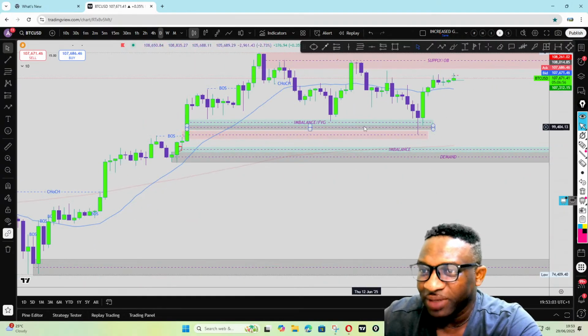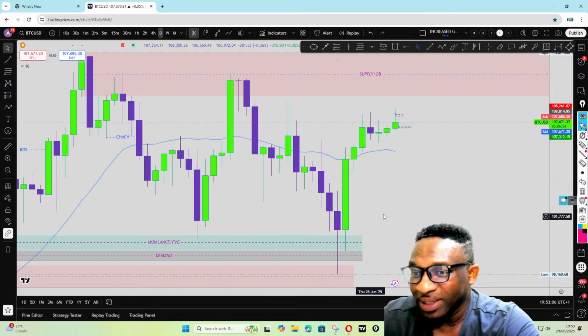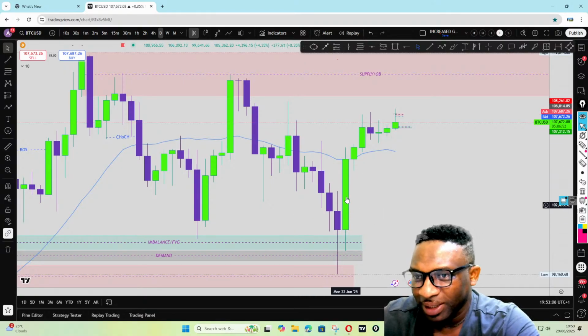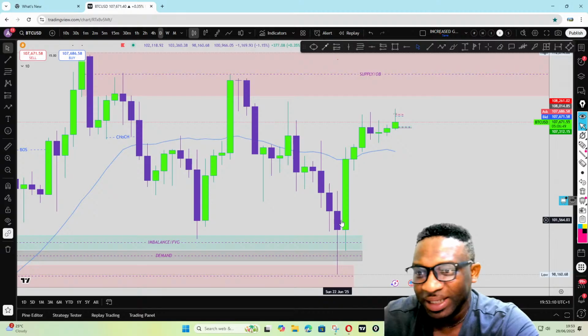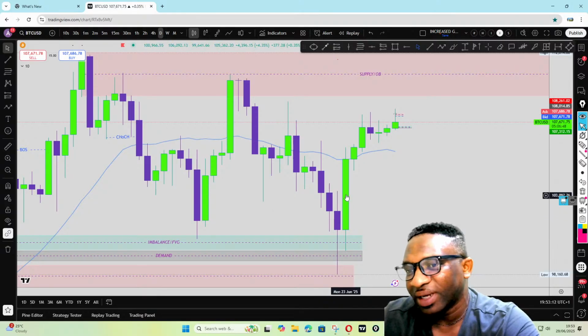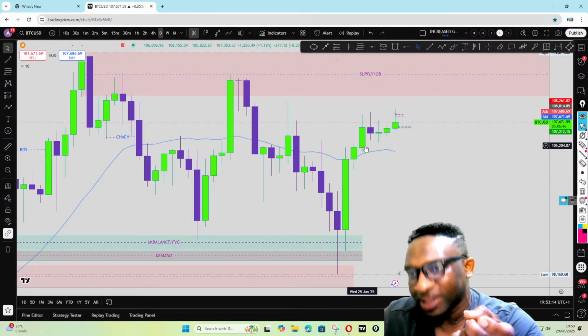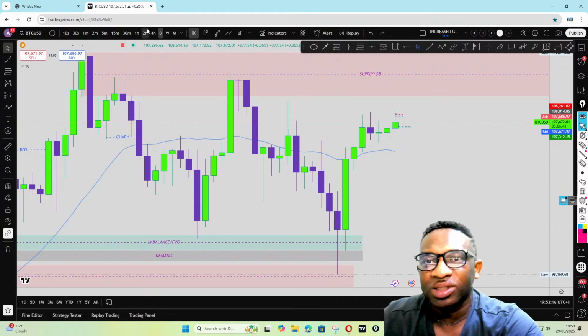So from the recent movement on the daily, we can see that price is definitely in an uptrend. On the weekly it's telling us uptrend, daily is telling us uptrend.